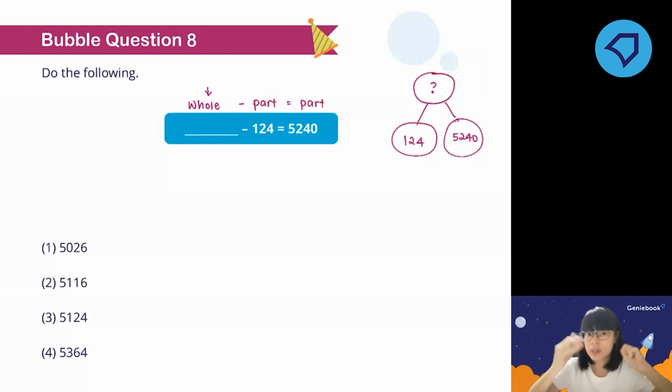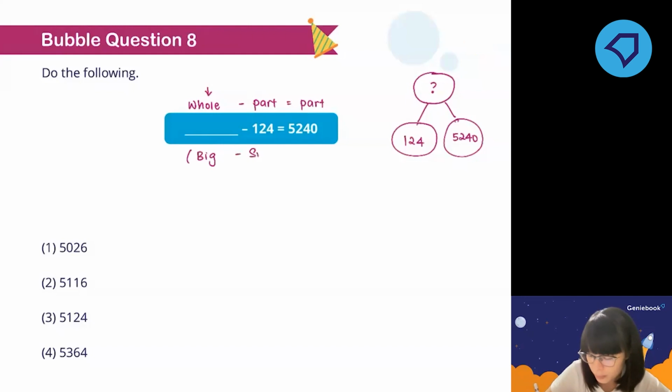So let's remove this whole and the part if you're not sure about part whole, okay? You know that in subtraction, you must always take a big number minus a small number, correct? And that will give you a small number. These two small numbers may not be the same, but we know that we must always have a bigger number to minus a small number.